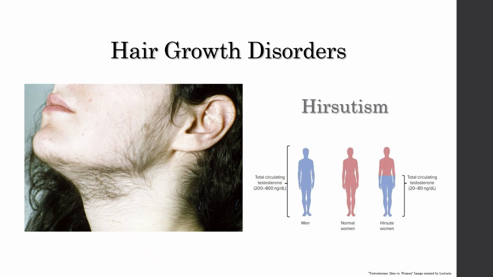Hirsutism refers to excessive terminal hair growth in androgen-sensitive areas, particularly in individuals assigned female at birth. We're talking about areas like chin, upper lip, chest, and abdomen, essentially male pattern distribution. What drives this?